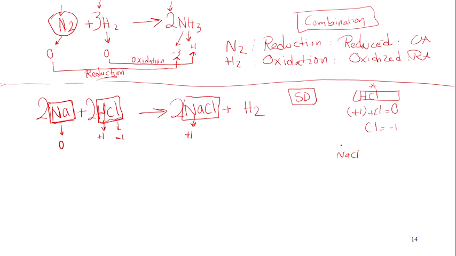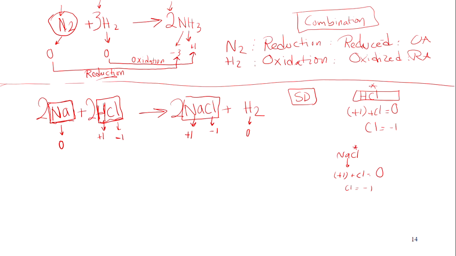Na is 1 positive plus Cl is equal to 0. So Cl is going to be 1 negative. And hydrogen is 0, free element. Please understand, when we say free element 0, if we talk about compounds or ions, it's totally different.